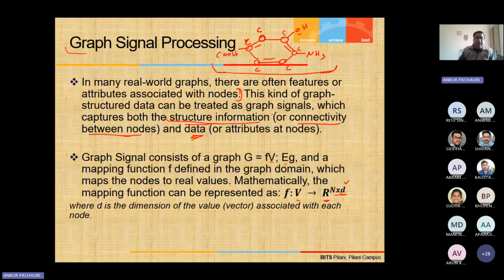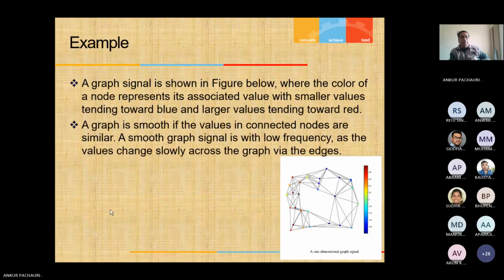Every node and every edge has its own attributes, which may be vectors of different sizes, and that we call dimensions. They all have to be taken care of because they are resultant for the behavior of this chemical compound.